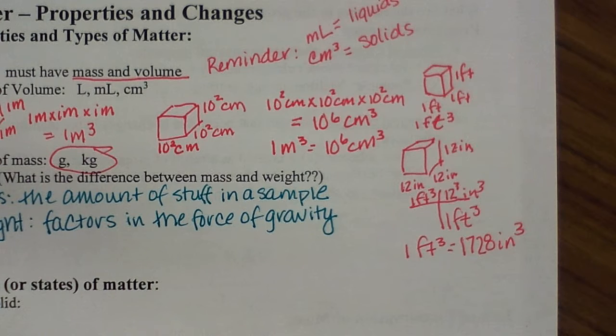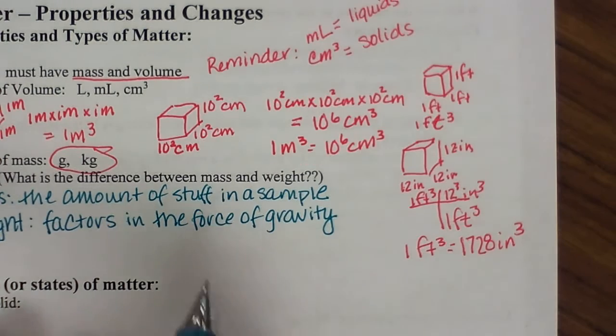Compared with the planet Earth, the mass of the moon is very small. And so the gravity of the moon versus the gravity of the Earth is very small. In fact, the gravity on the moon is 1/6 of the gravity of the Earth.